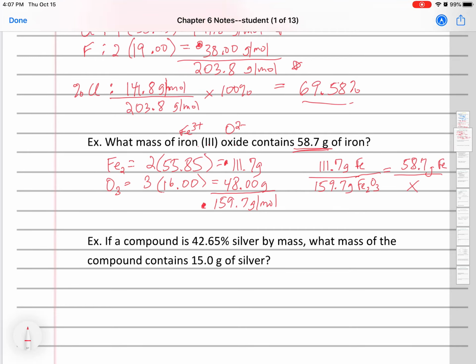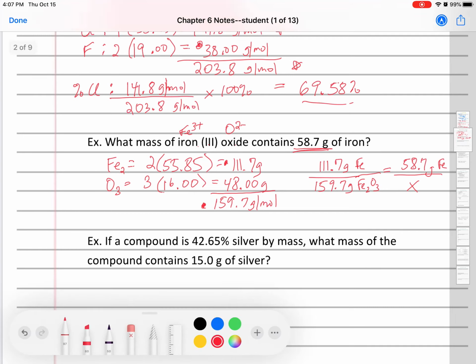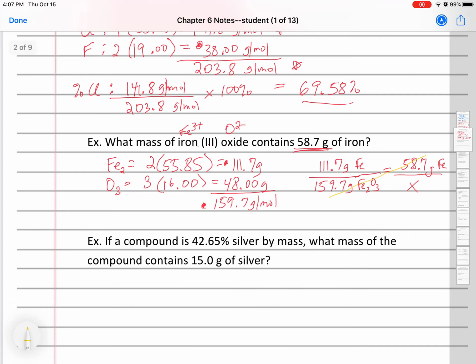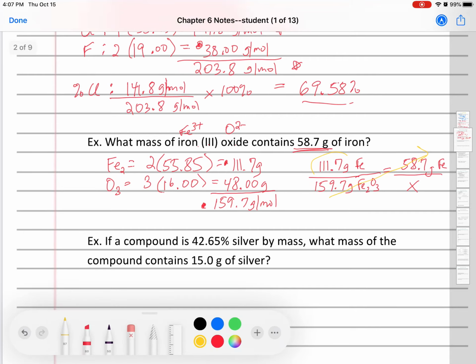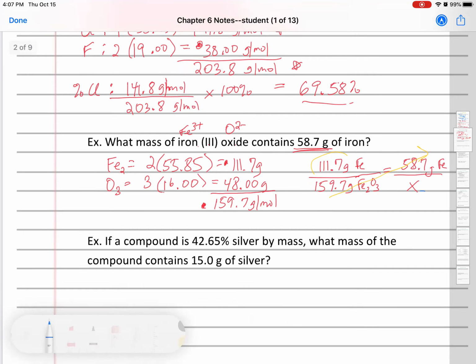So that's our X. We can do cross multiplication to solve for that, where we multiply these 2 and then divide by this one. And we would find that X equals 83.9 grams. So in 83.9 grams of iron 3 oxide, Fe2O3, we would have a total of 58.7 grams of iron.